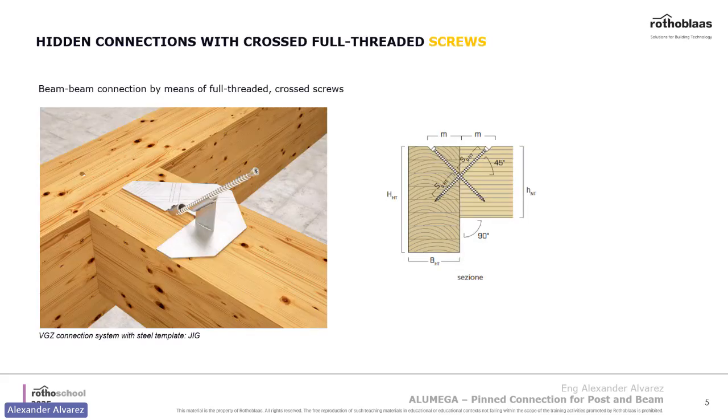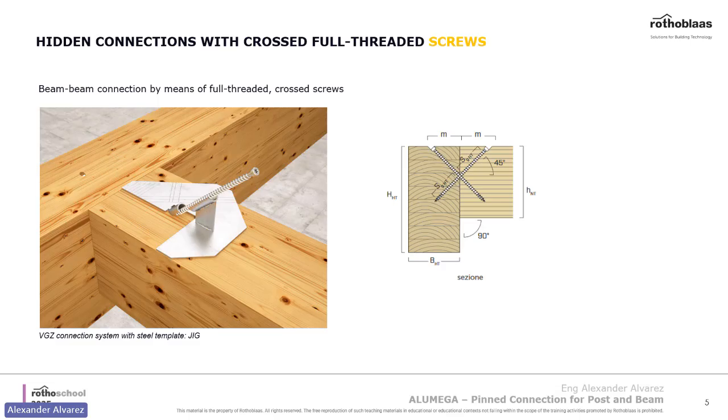There are many ways to go about connecting these joists into the main beams or main columns. The most simple ones are these screws right here, the fully threaded VGZ screws. They have a cylindrical head on top, so when you drill them into the wood, it doesn't crush the wood.